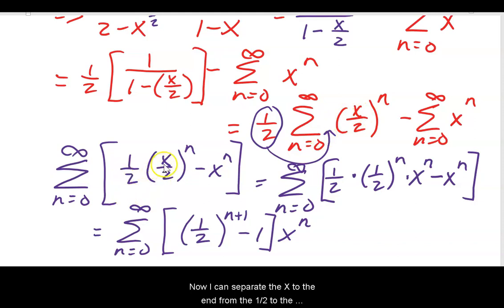Now, I can separate the x to the n from the 1/2 to the n from the first summand, writing the 1/2, which was the constant coefficient factor of 1/2, and then 1/2 to the n, which was this 1 over 2 to the n. This will give me x to the n as a common factor in both terms of the summand.